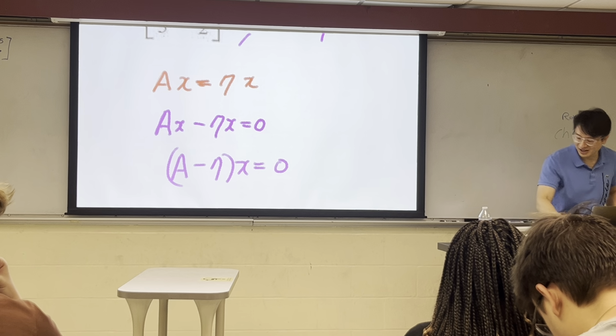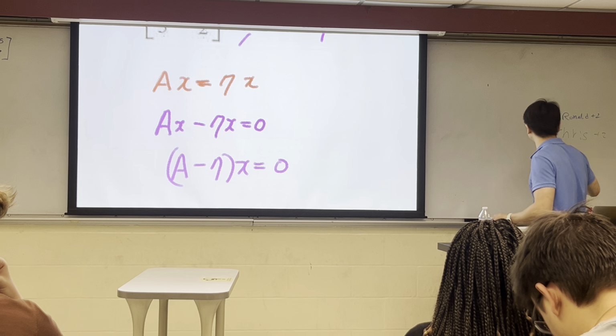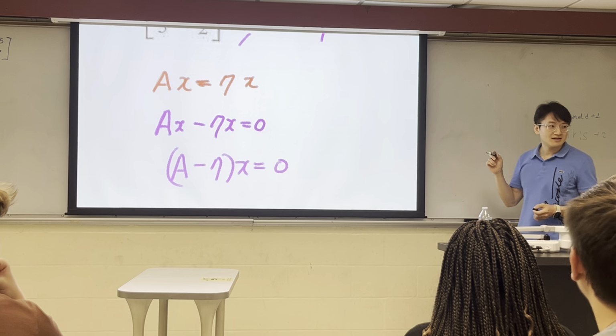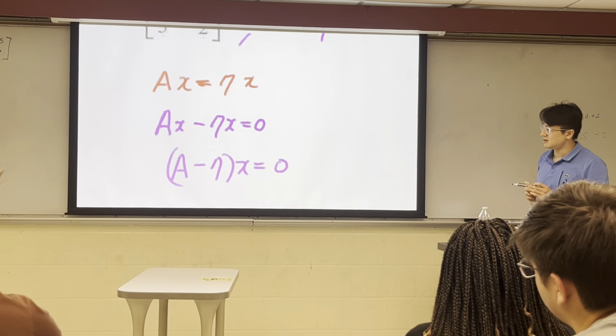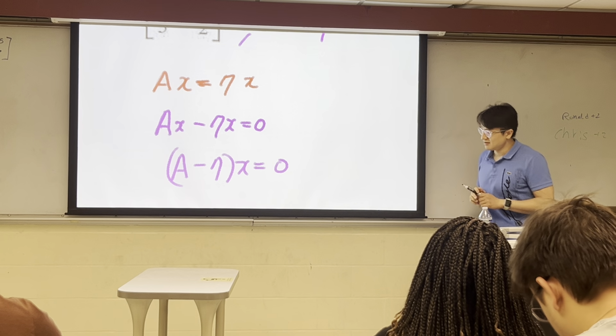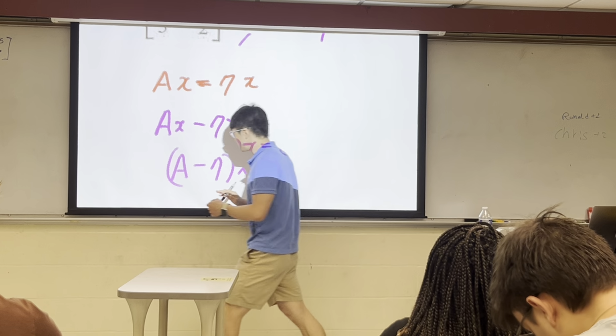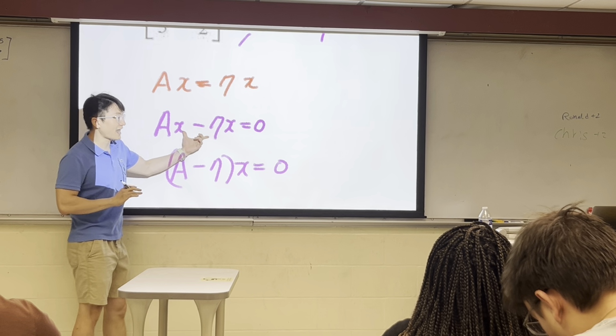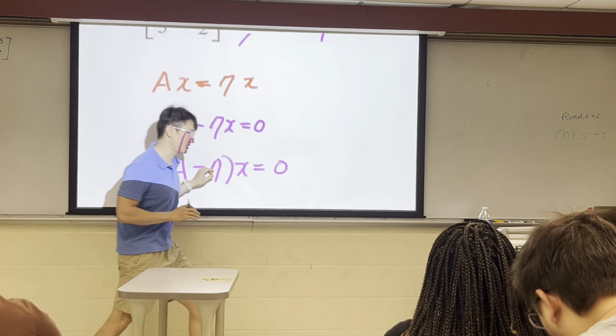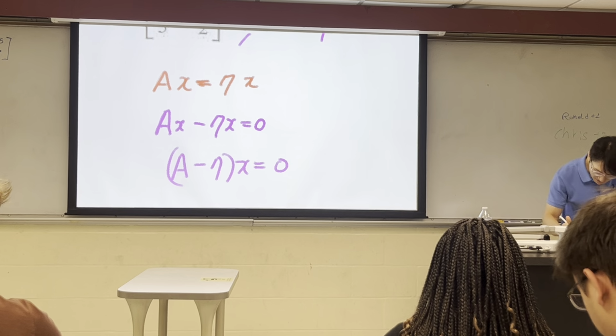Whoever gives me the answer gets an extra 10 minutes. If we can set it to the null space, we can say AX equals 0, right? So what I'm saying is, how can we factor x out from here to here? It's not valid.